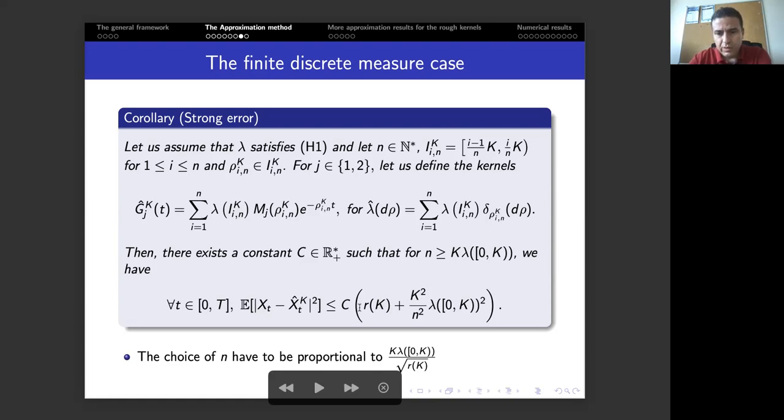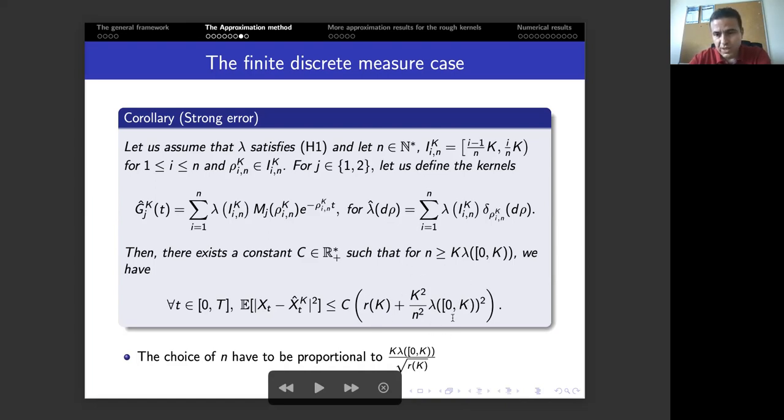Recall that this first constant is for the truncation error, and the second one is due to the approximation because we use this specific sum of Dirac points. Then the error here behaves like k squared over n squared times the measure of the whole interval 0k squared.